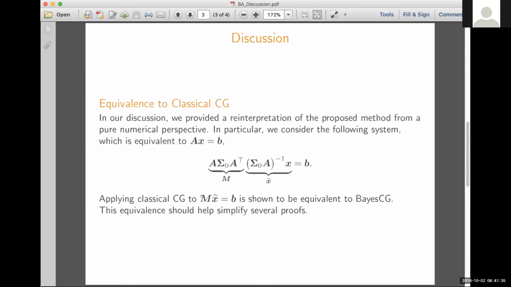This reformulation should help the authors to simplify several proofs, like deriving the convergence of the Bayesian conjugate gradient and also the convergence rate.